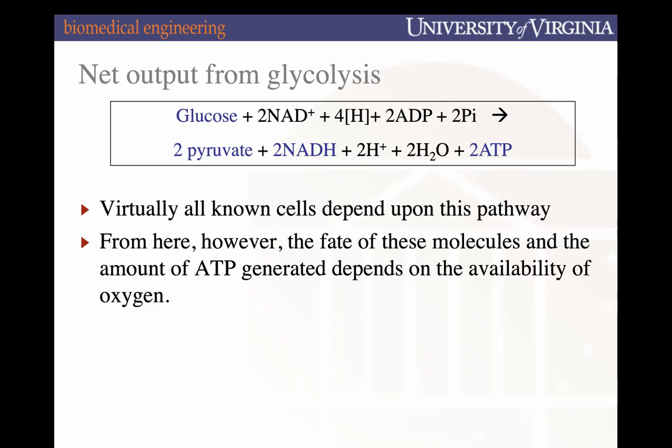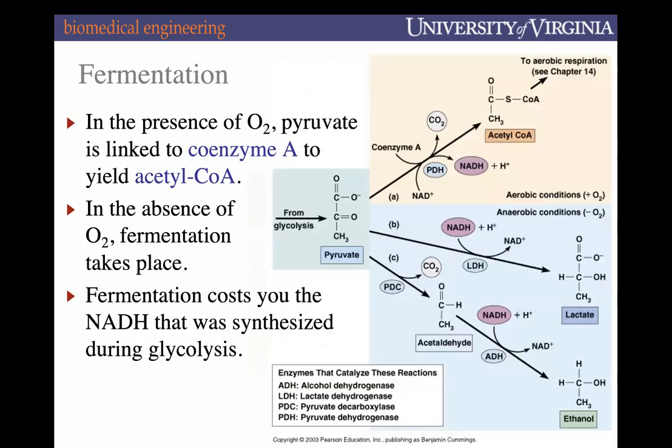What happens after glycolysis depends on whether or not oxygen is present. That's going to inform what happens with pyruvate. In the presence of oxygen and during aerobic respiration, there's an enzyme called pyruvate dehydrogenase. It's a dehydrogenase, so there's an oxidation event.